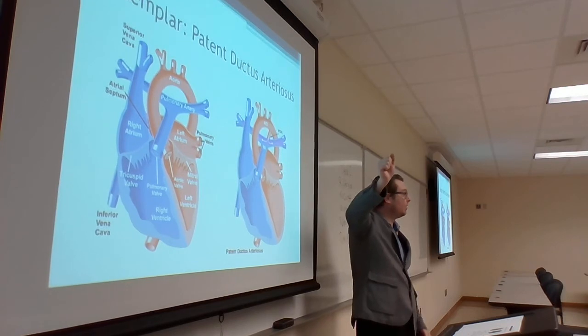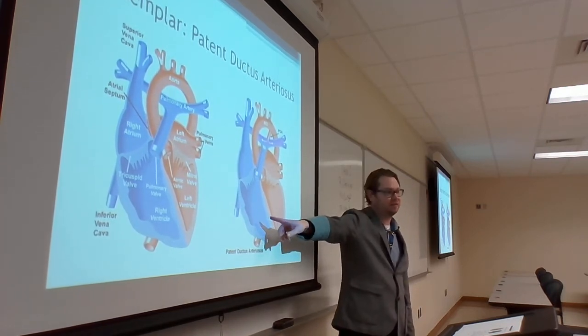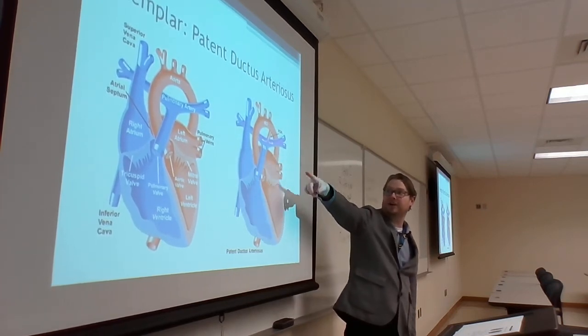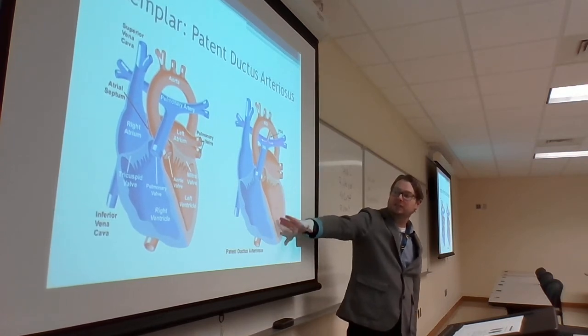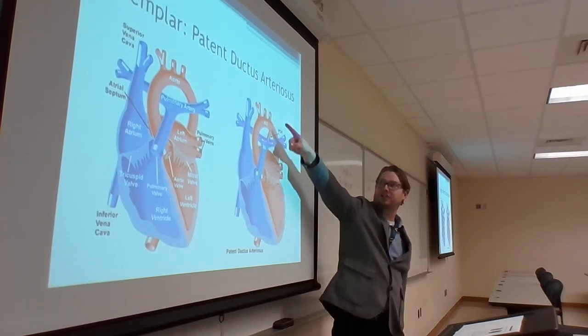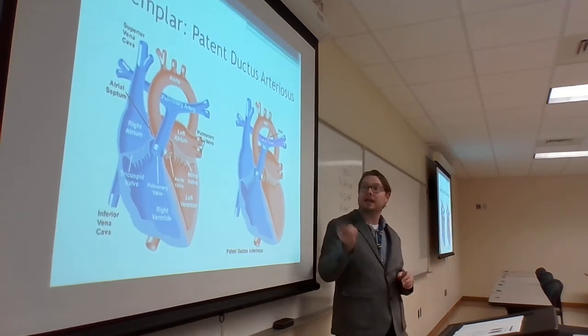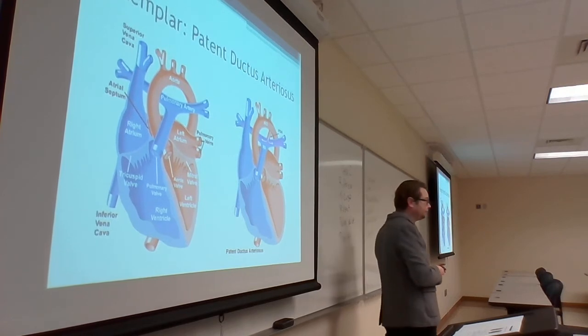And which way does the blood go? Down. It beats the pressure out in this right ventricle. Because the right ventricle is pumping into the pulmonary artery, that's the pressure that we're thinking about. So the left ventricle has higher pressure, and that's going to shunt the blood through the PDA into the pulmonary artery. Okay.